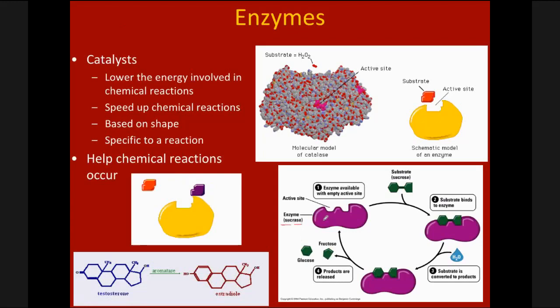So sucrase is going to have an active site that's specific to the substrate sucrose. What do you think we call the enzyme that breaks down lactose? Lactase. The enzyme that breaks down maltose is going to be called maltase. The ASE ending tells you you're looking at an enzyme.